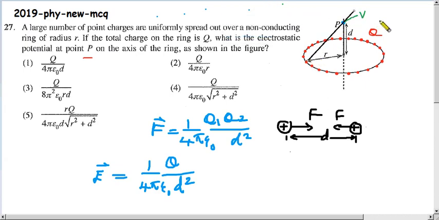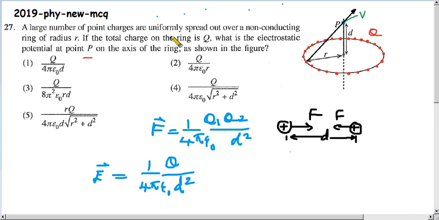So we have to draw arrows like this, and finally get the resultant. We have to take cos theta, sin theta if they ask E or F, because they are vectors.